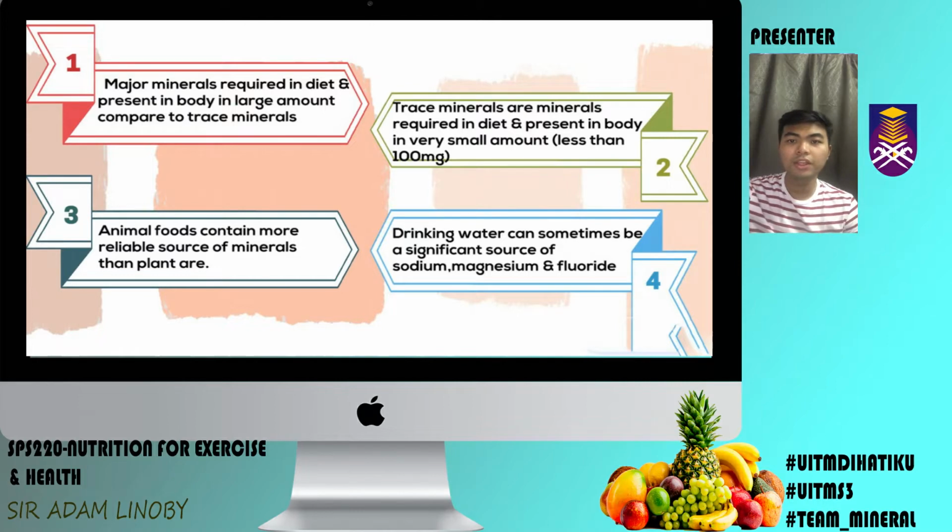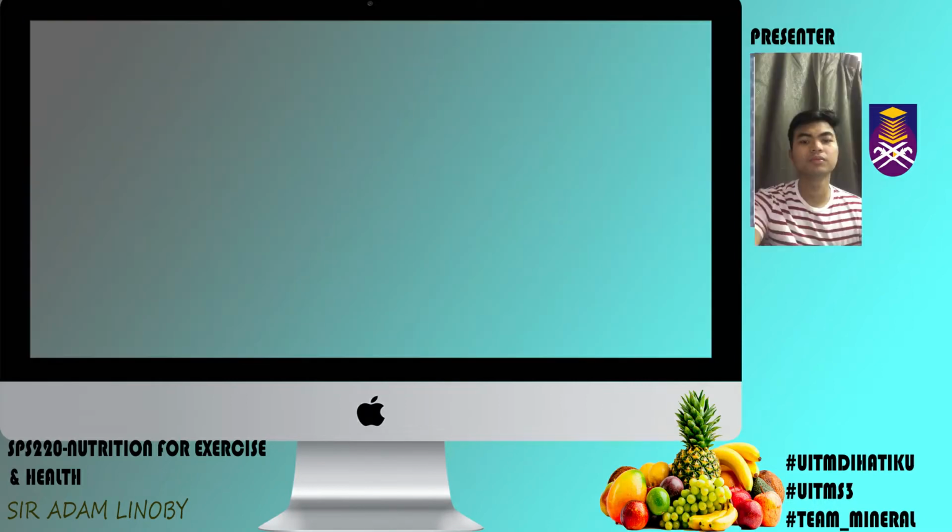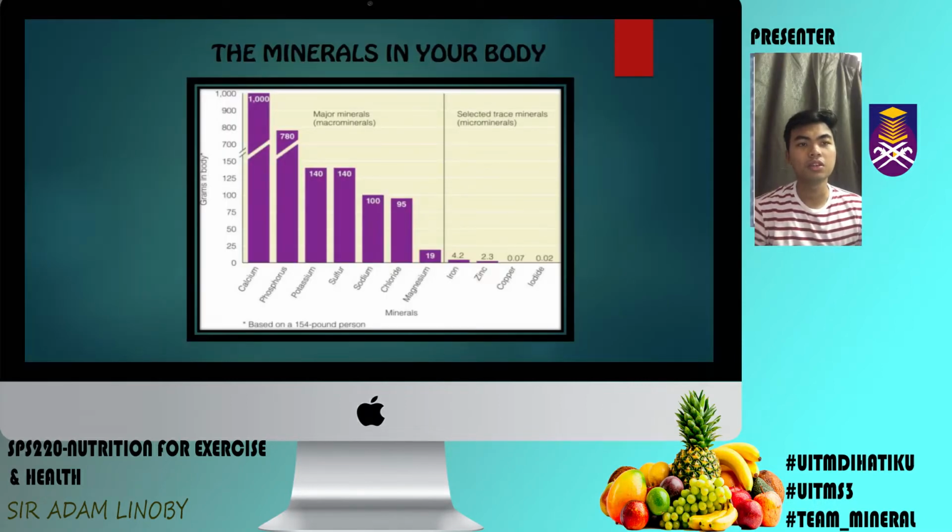Minerals can be found in animal foods and plants. Drinking water can sometimes be a significant source of sodium, magnesium, and fluoride. As you can see in this slide, we can see the minerals in our body, based on a 154-pound person.